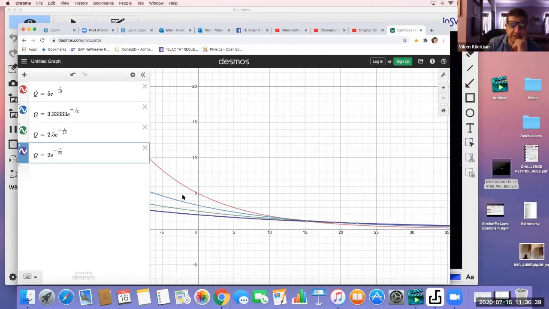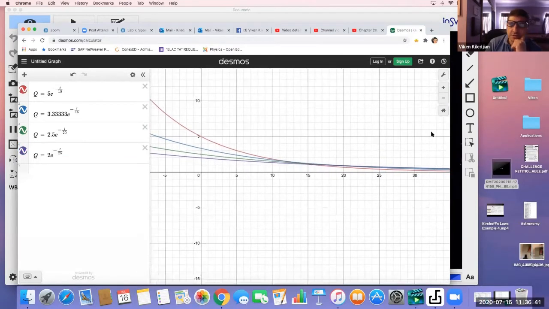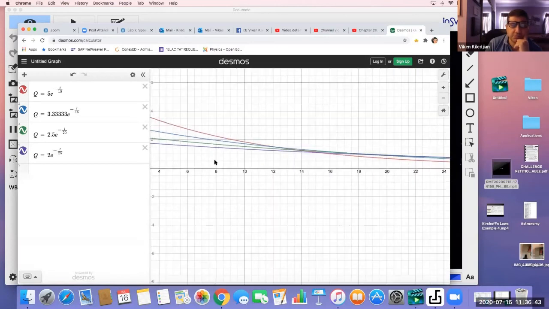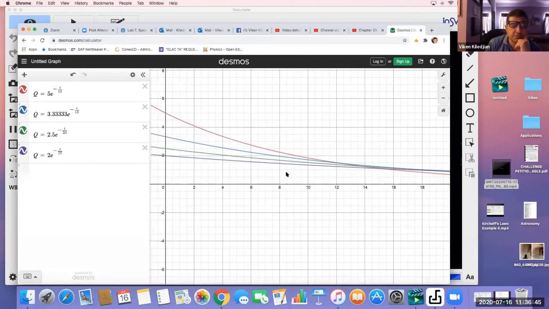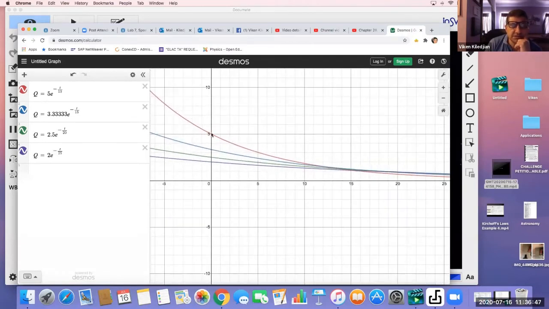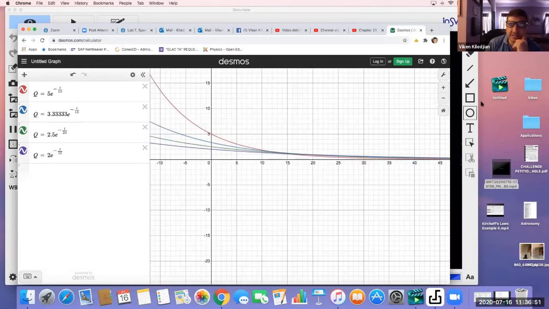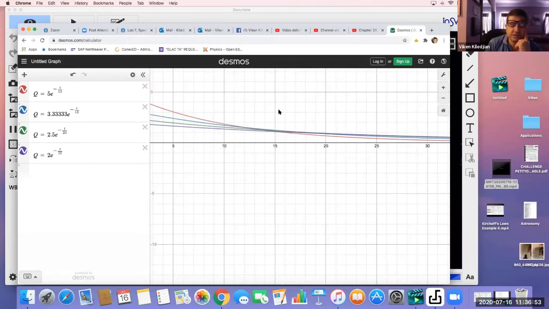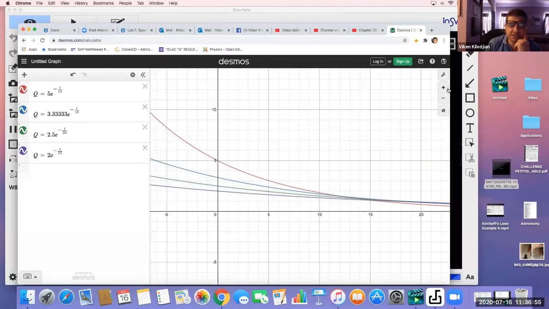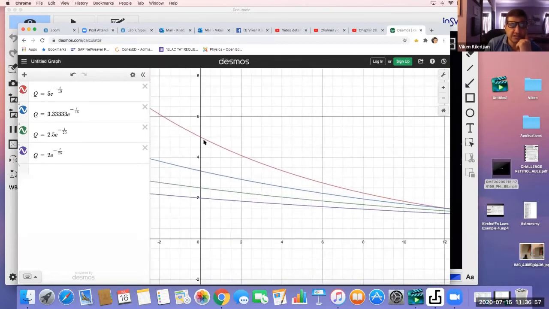So how do you compare those now? This one is the red one. This is the least resistance, so it's got the highest current. And their time constants are different too, right?